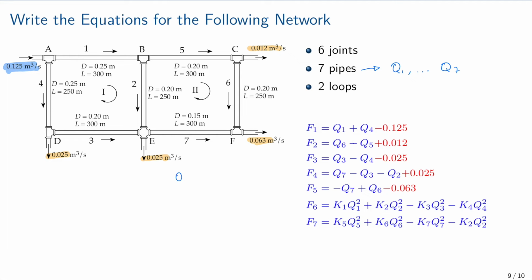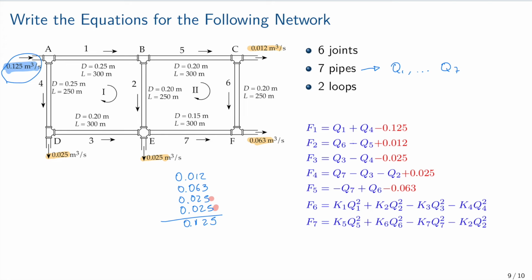We have 0.012 plus 0.063 plus 0.025 plus 0.025. In total we get 0.125, which corresponds to the inflow. So conservation of mass is achieved.